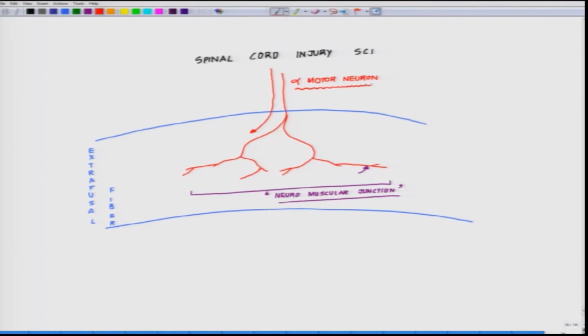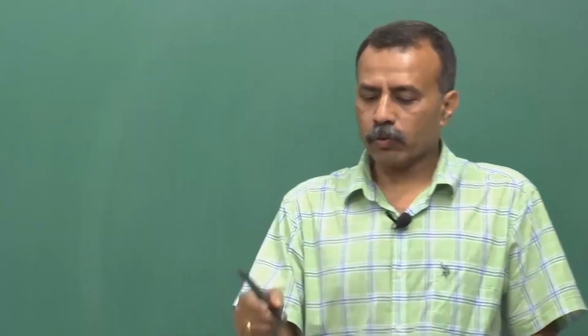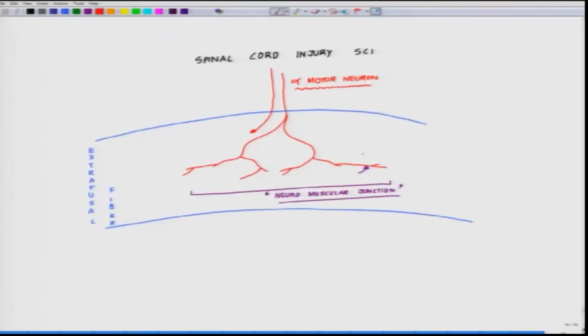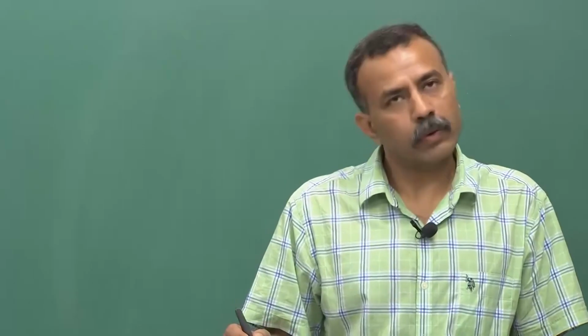Now, some form of signal transfer takes place between this alpha motor neuron and the muscle, and how that happens, that is what we are going to now deal with. Okay. So, what I will do in this class, I will close in here. In the next class, we will talk about the detailed architecture of this spot and how this is being regulated. Okay. Thank you.